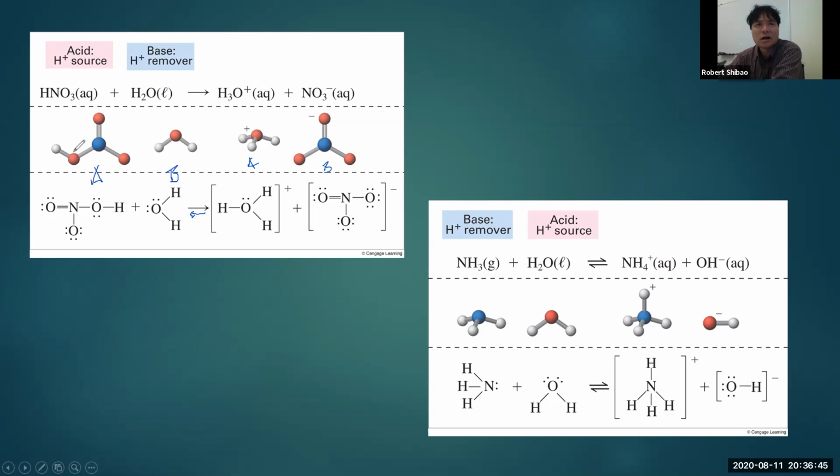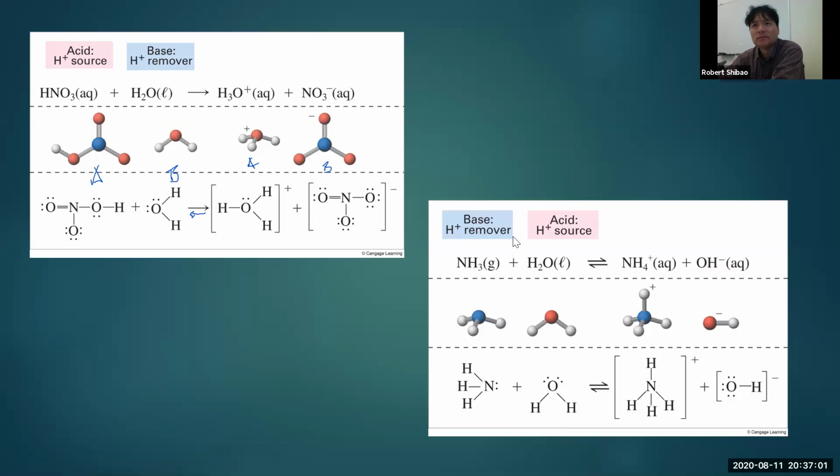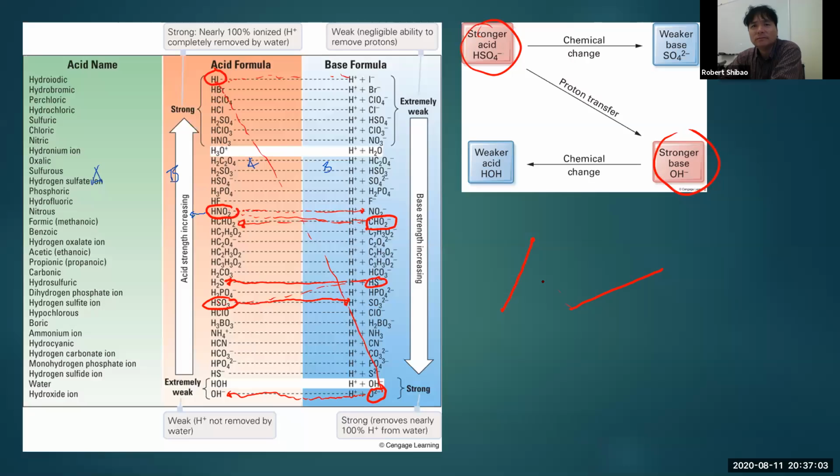And when we look at the chart, which one is the stronger acid, nitric acid or hydronium? Let me see if I can erase these.